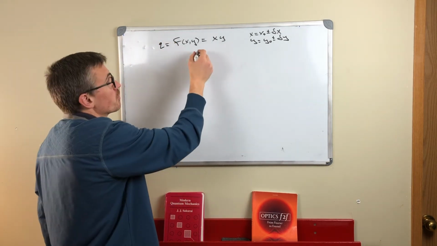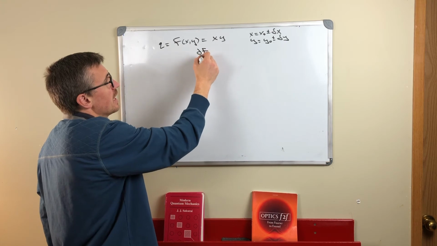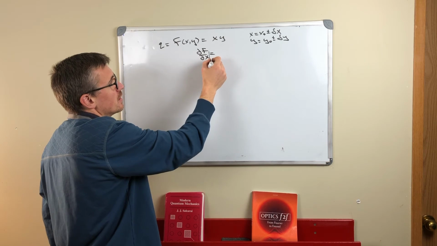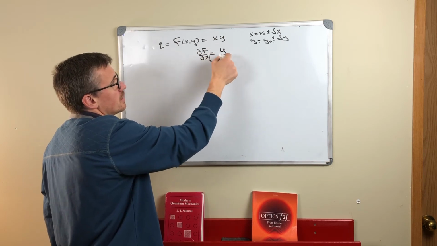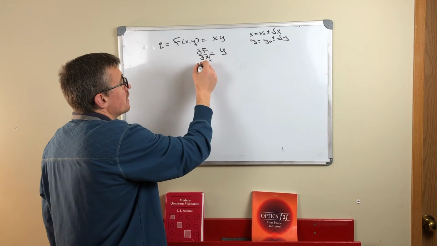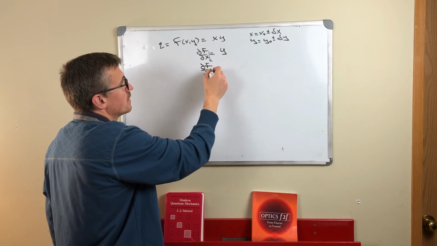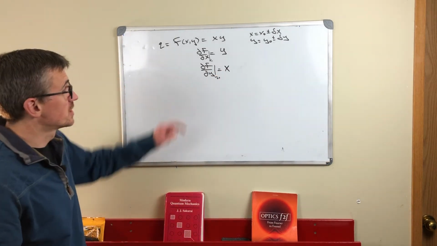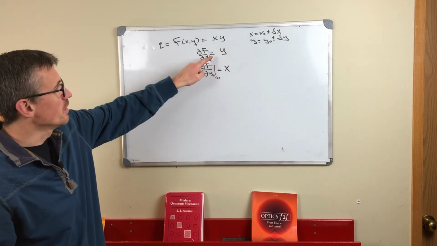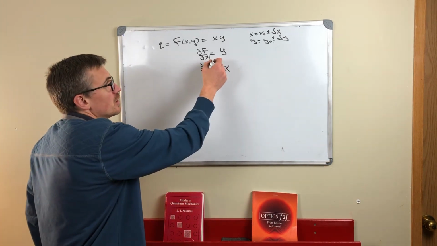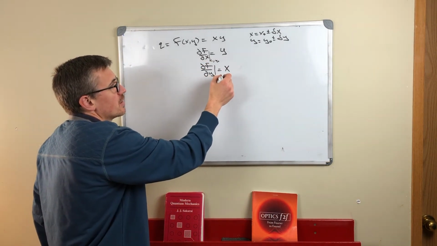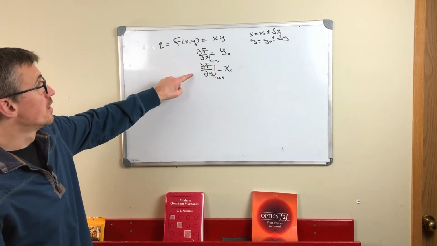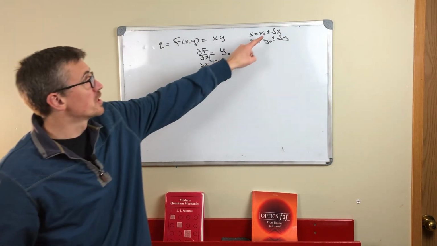Well, let's just apply our formula. Remember that here we have df by dx evaluated at x naught is just going to be y. And df by dy is going to be x. Okay, so this is an important point. Remember, y is a variable, so technically we're evaluating this at the measurement point of all our values. And these are going to be our partial derivatives, and we already know delta x and delta y.